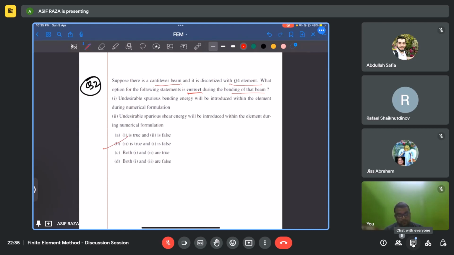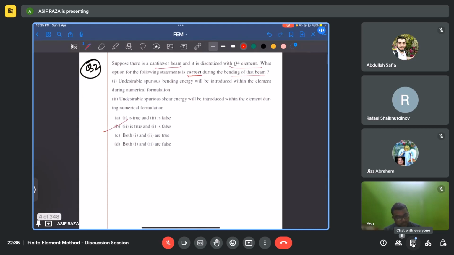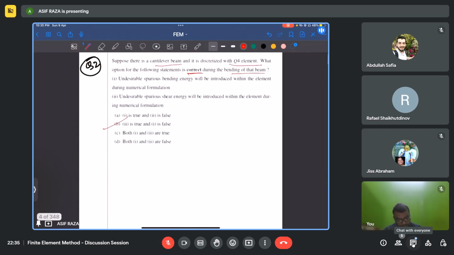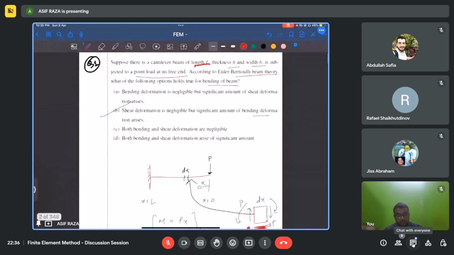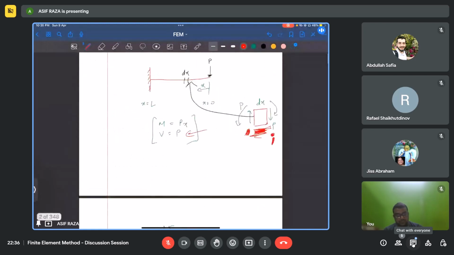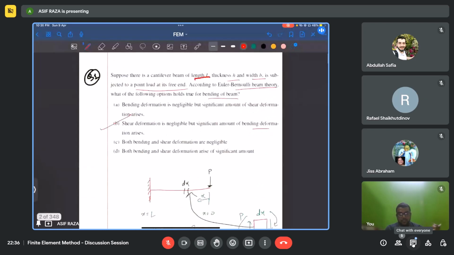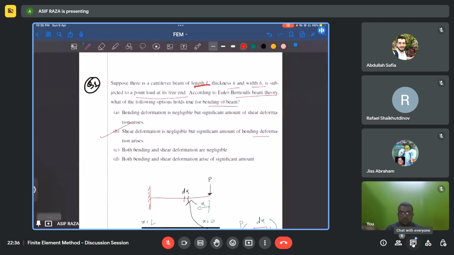In the bending of a beam case, there is no shear deformation, only bending deformation is there.